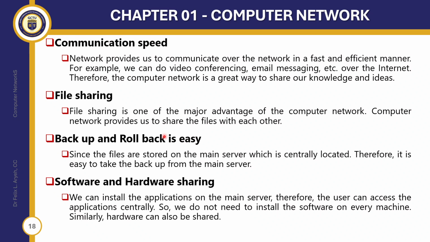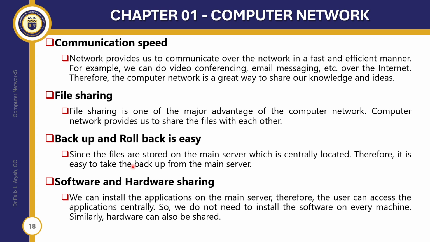Now, moving on to the next feature, which is the backup and rollback. It's actually made easy because of a computer network, and it's one of the important features of a computer network. And the reason is that most of the files are stored in the main server, which is centrally located. So, for instance, Google.com, if you try browsing for your Gmail, there's a server somewhere located centrally for Gmail users.